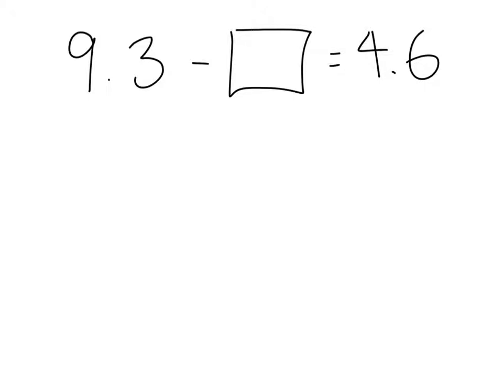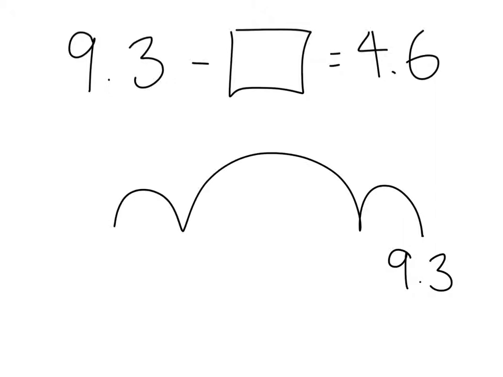You might like to pause the tutorial here, have a go at working it out, jumping 3 jumps back on the number line, and press play when you're ready. Okay, welcome back. On our number line we start at 9.3, and we're going to take 3 jumps back. Our first jump is going to take us back to 9. Our second jump needs to take us back to just before 4.6, so it's going to take us back to 5, and then our last jump takes us to 4.6.